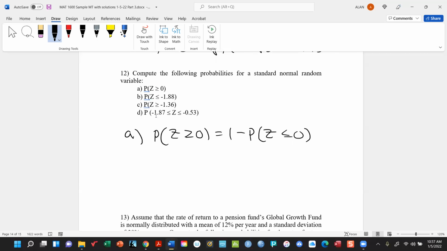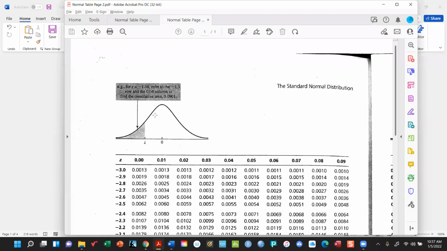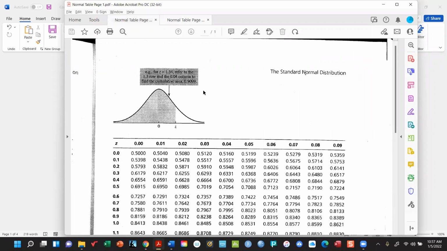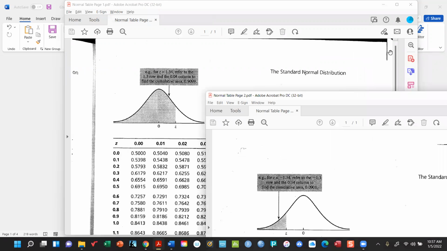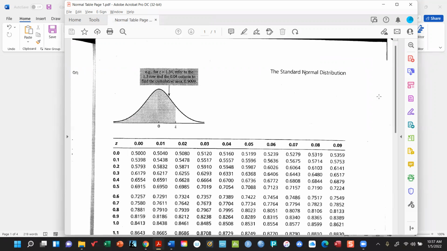So 0 on the positive table means that we're looking, now the 0 is actually in the extreme upper left-hand corner. And so you can think of 0 as 0.00. This is coming in the first column, and this part is coming in the top row. And where they overlap, you see that's 0.5.